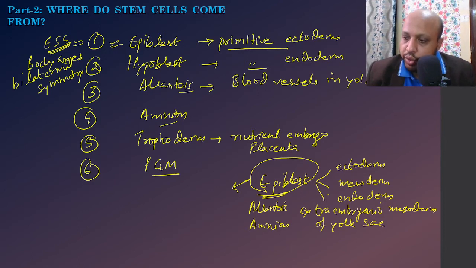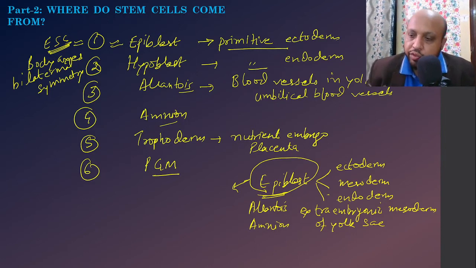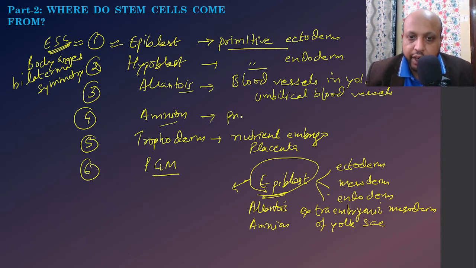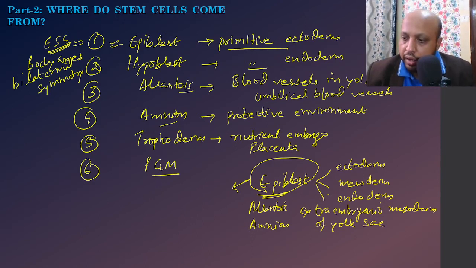The allantois is also responsible for making the umbilical blood vessels. And what is the function of the amnion? The amnion provides a protective environment to the developing embryo during embryogenesis.